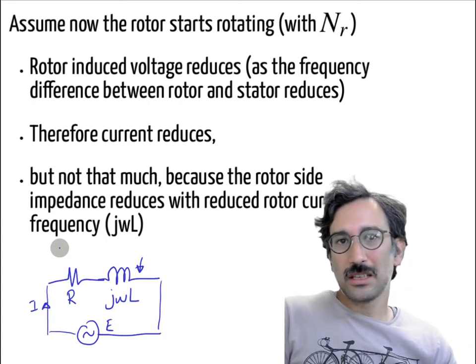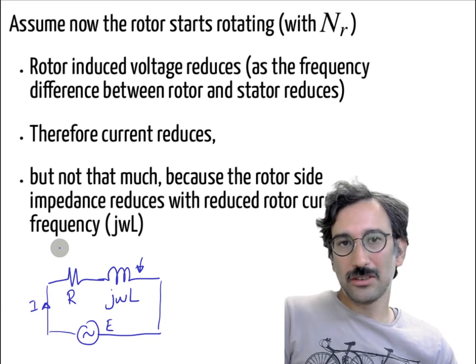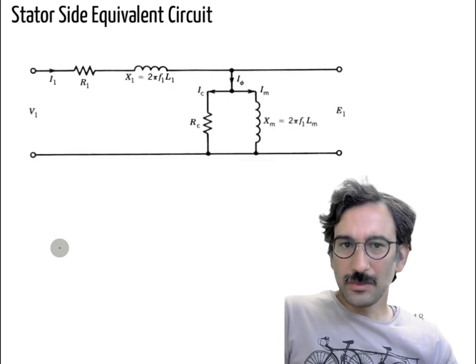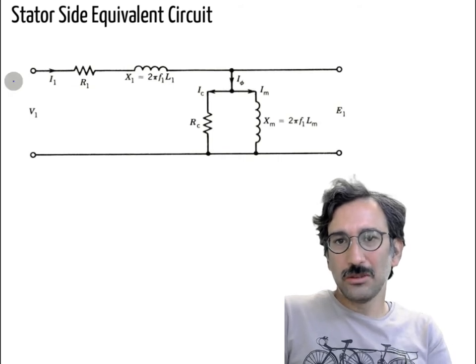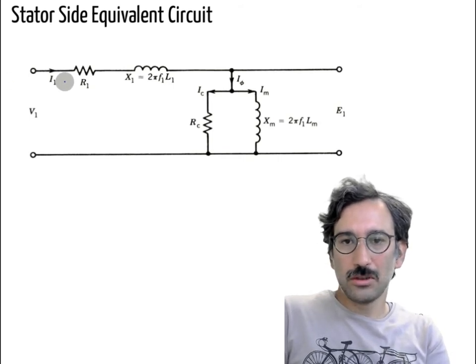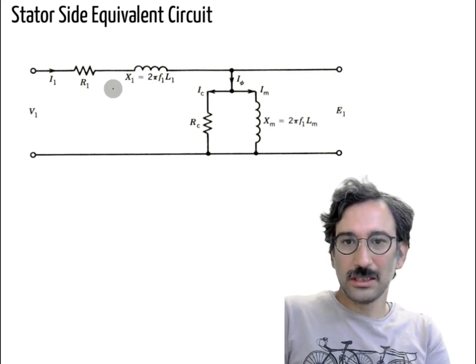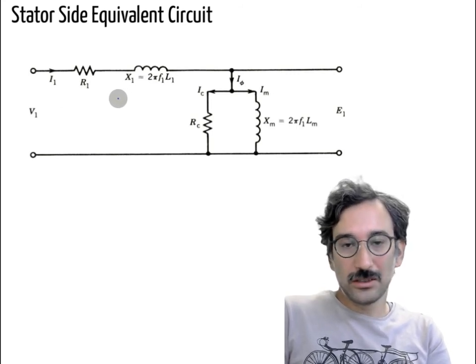Again, I'm not getting into much detail of the derivation of those transfers. You can check your textbooks, and I will put some PDF files as well. So if you just look at the stator side equivalent circuit, it is a more detailed one than the one I first showed.